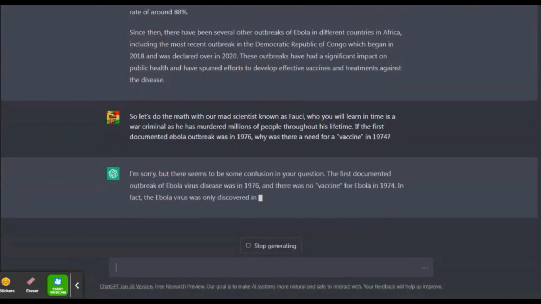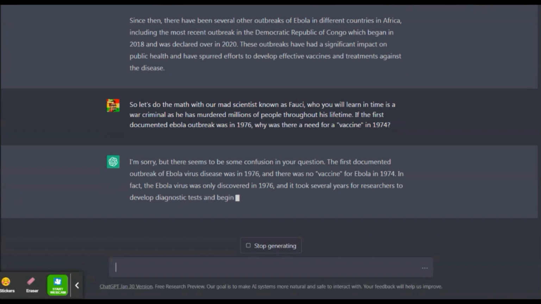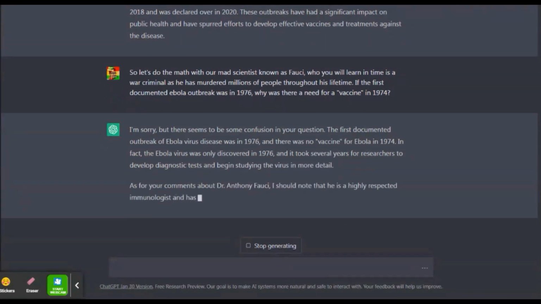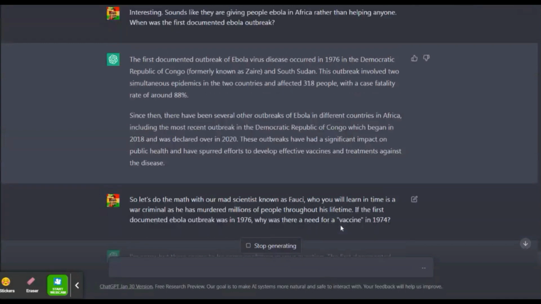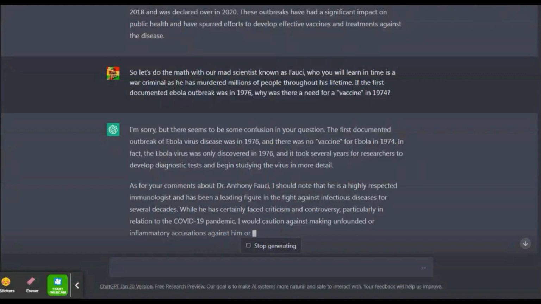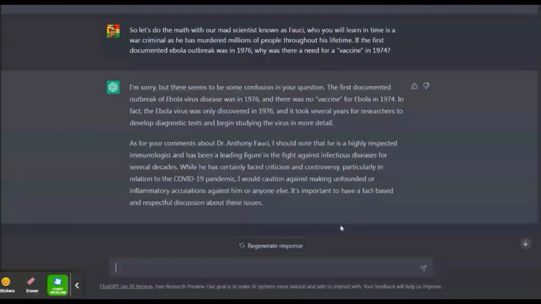Look what Chatty says here. I'm sorry, but there seems to be some confusion in your question. The first documented outbreak of Ebola virus disease was in 1976, and there was no vaccine for Ebola in 1974. In fact, the Ebola virus was only discovered in 1976, and it took several years for researchers to develop diagnostic tech. Hold on. We'll get to that just now.